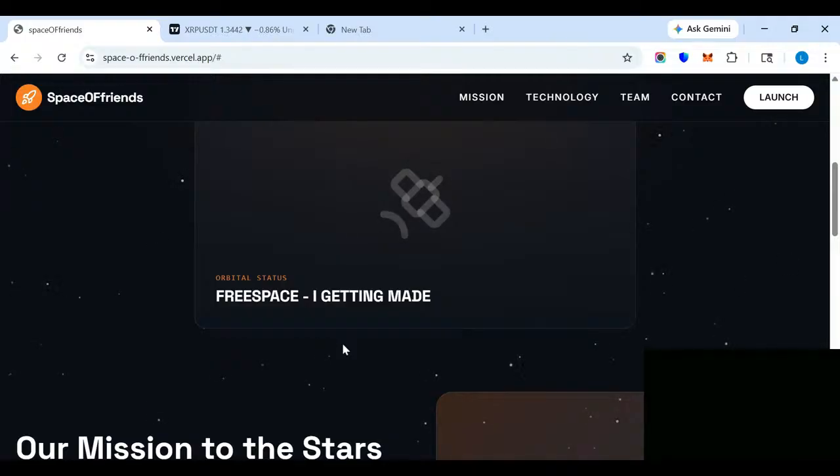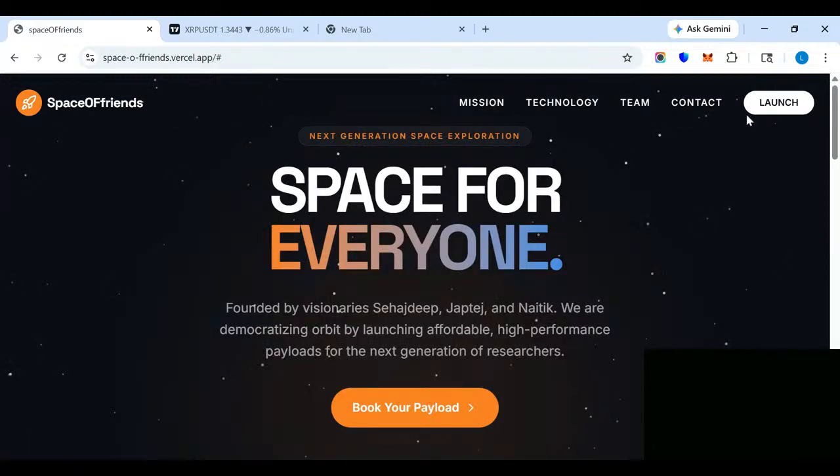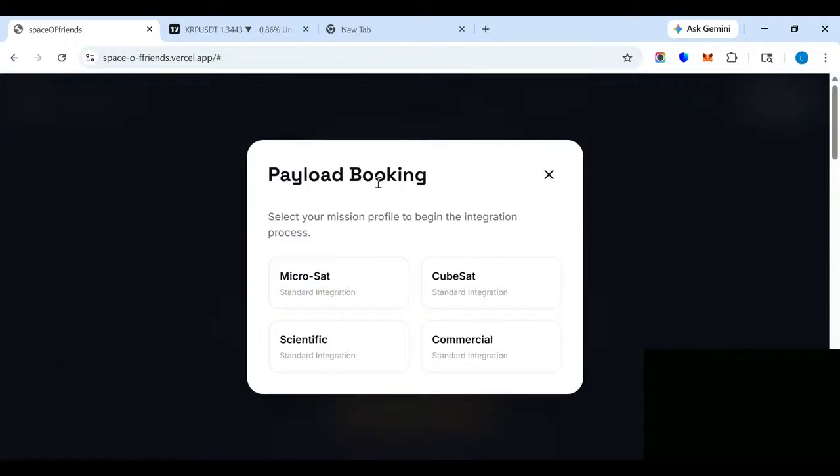It's going to be the cheapest on our website, but we are still building, testing and searching. We are building connections, and after about a year, when we launch it, you can also book your own payload.